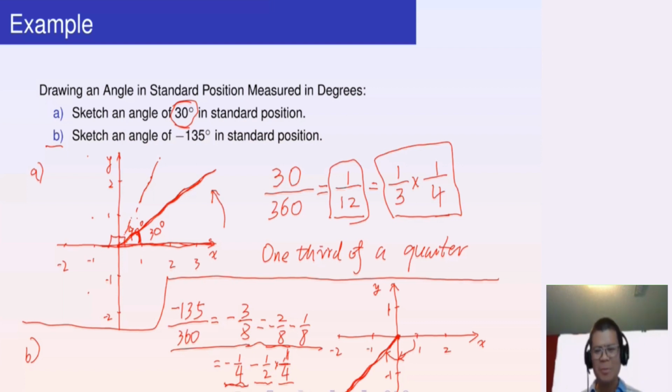All right, so now here is a technique. It's usually good to first find the fraction of a full rotation, and then write this fraction as multiples or fractions of quarters, like this one: you go 1/4 and then go half a quarter.